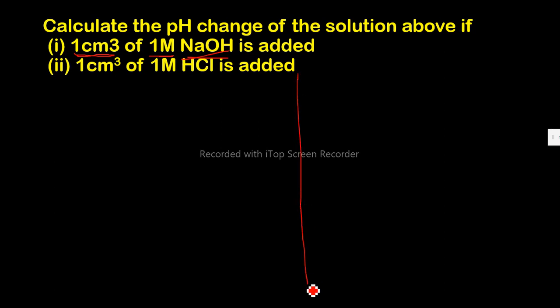Now for a solution that has established such an equilibrium, CH3COOH ionizes to give us the base, CH3COO minus plus the hydrogen ions, and then our strong electrolyte, which is CH3COONa, fully ionizes.